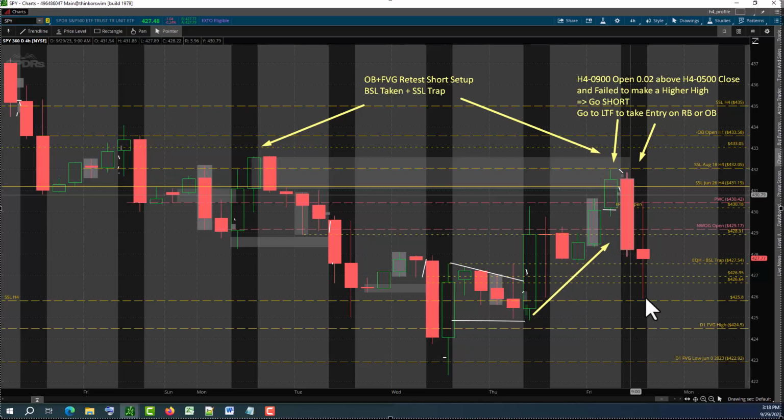If we come down and check that sell side liquidity, okay, and up here you see all this buy side liquidity was taken. Okay, you go check all of them, right?